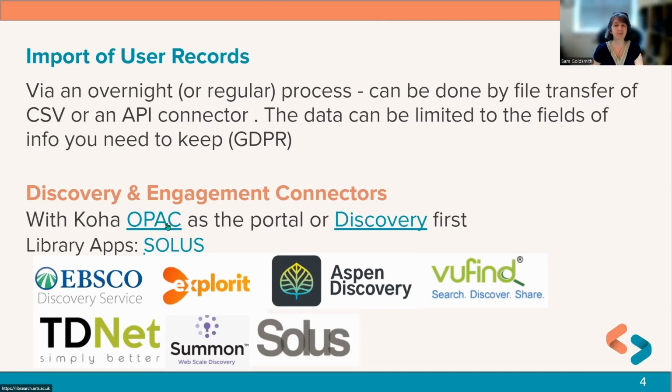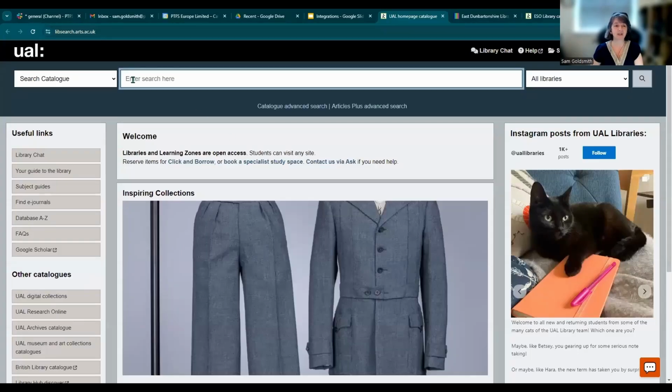So the first one I'm going to show you is actually UAL, and they use the Koha OPAC as their front-facing portal. As we're going through as well, you'll notice that all my examples look extremely different, and that is one of the advantages of Koha. You can make it look however you like.